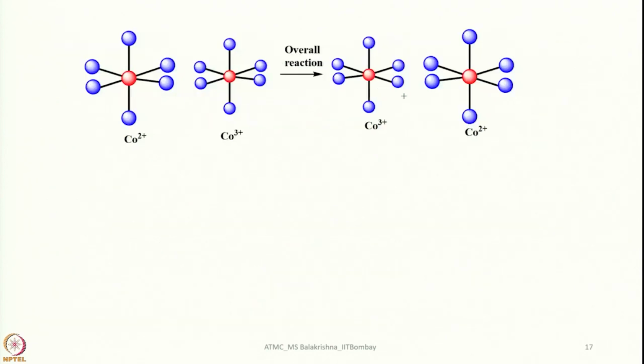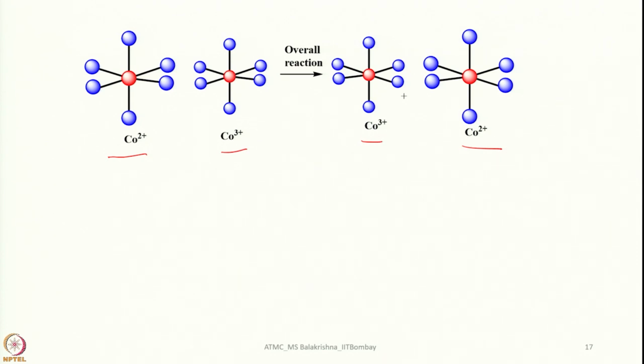Okay, now let us look into the intermediate or encounter species that is needed for this self exchange reaction. You can see here cobalt 2 plus is shown here and cobalt 3 plus is shown here, again cobalt 3 plus and cobalt 2 plus are there. Can you see any difference between these two species?